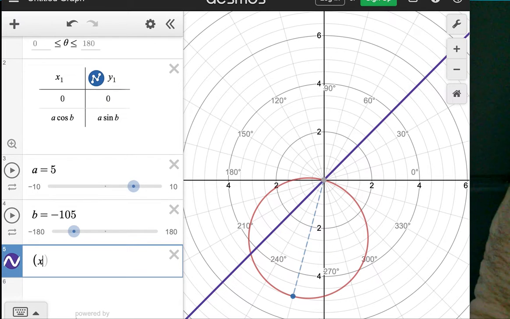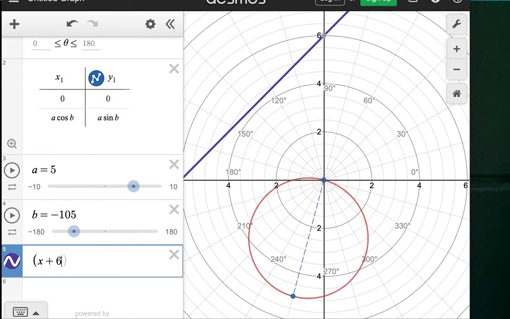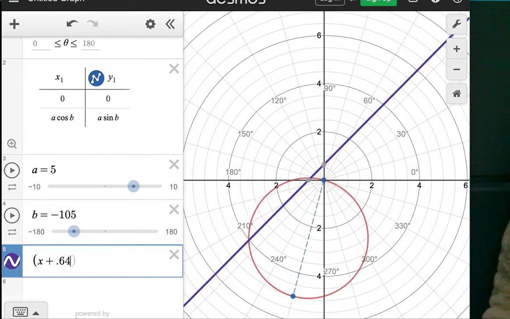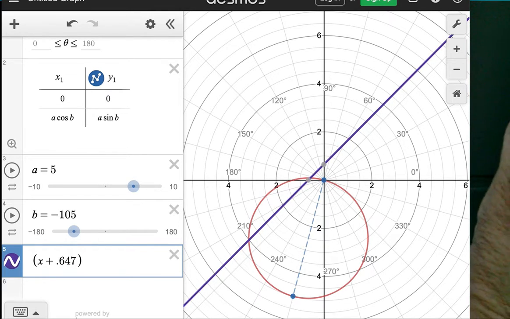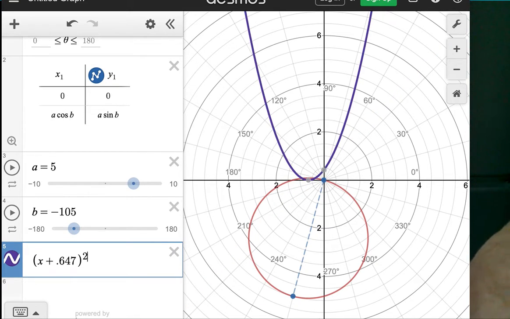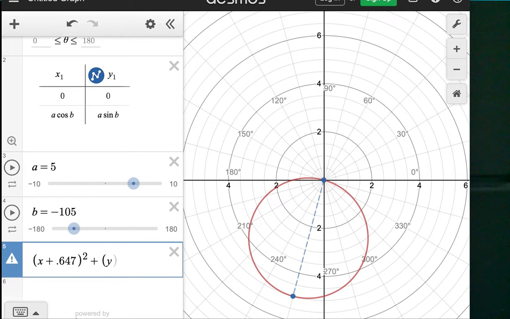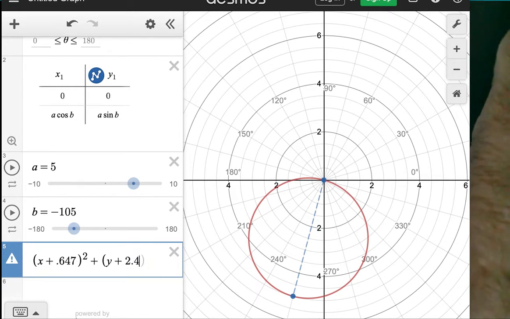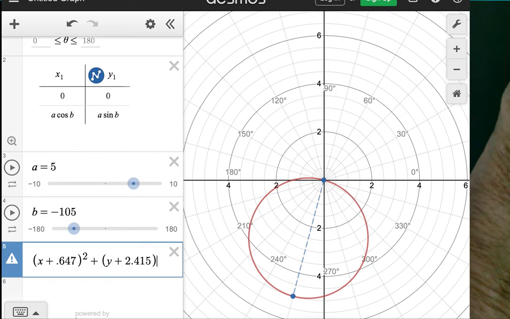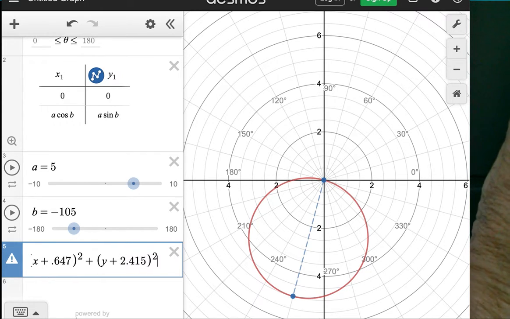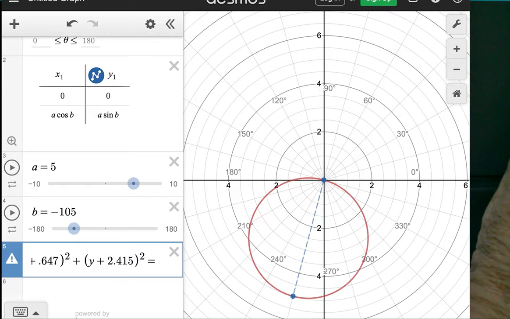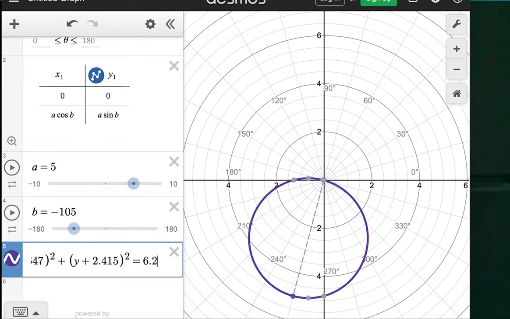X plus 0.647 quantity squared, plus, and then y plus, sorry, 2.415 quantity squared equals 6.25.